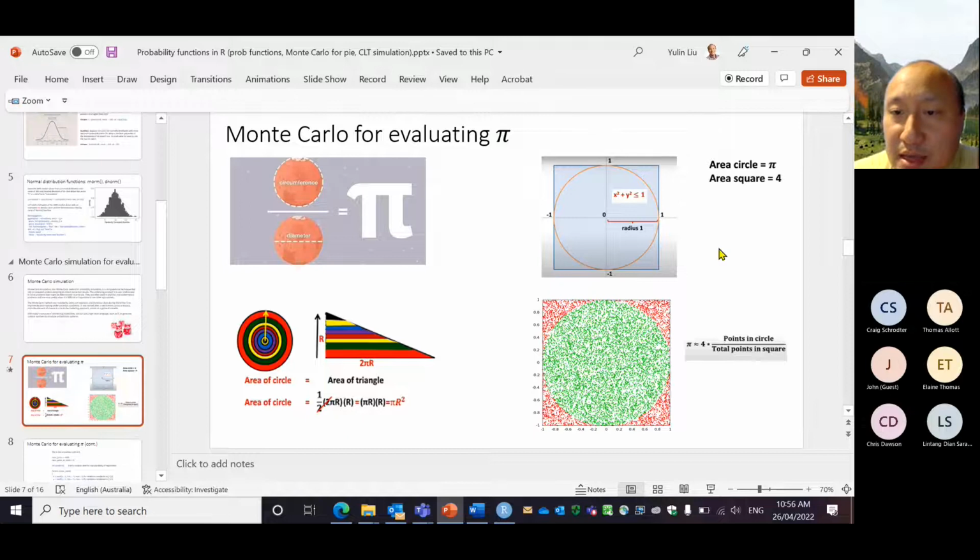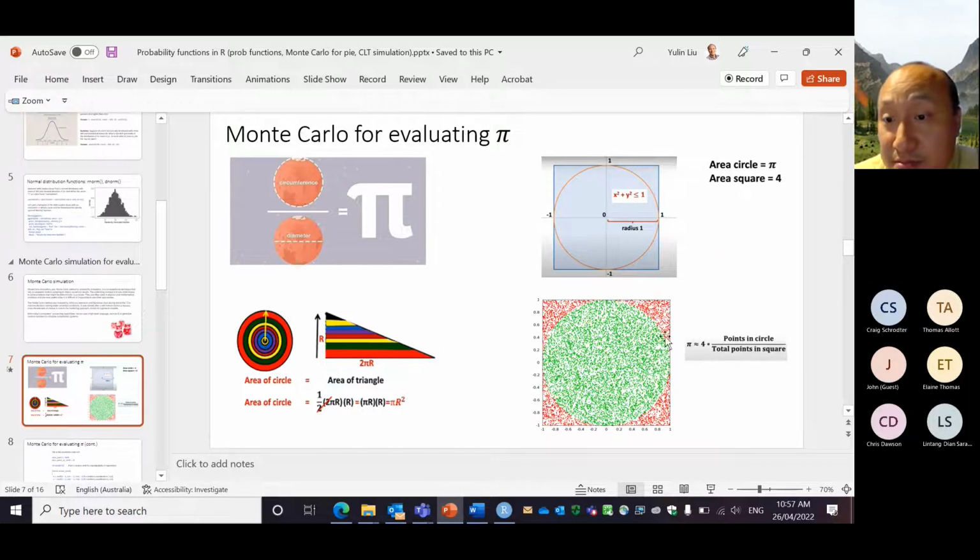And then if I divide the number of points in the circle over the number of points in the whole square, that will be the size of the circle divided by the size of the square. I know the size of the circle is pi, just a symbol, but the value of the square's area is 4.